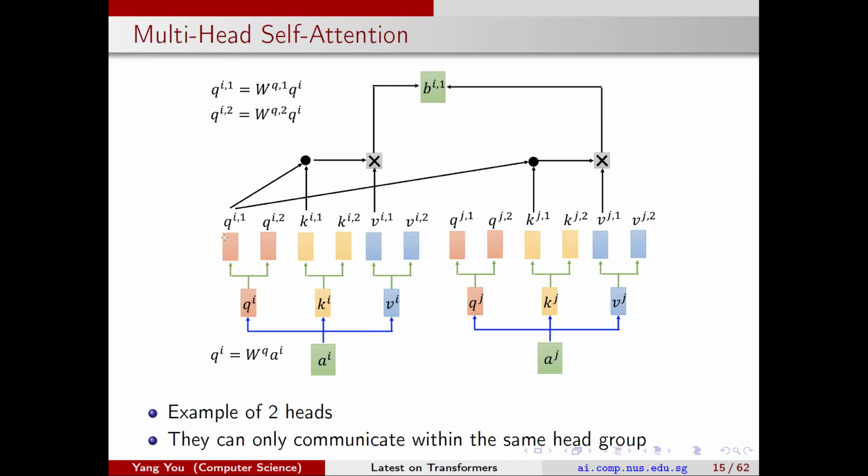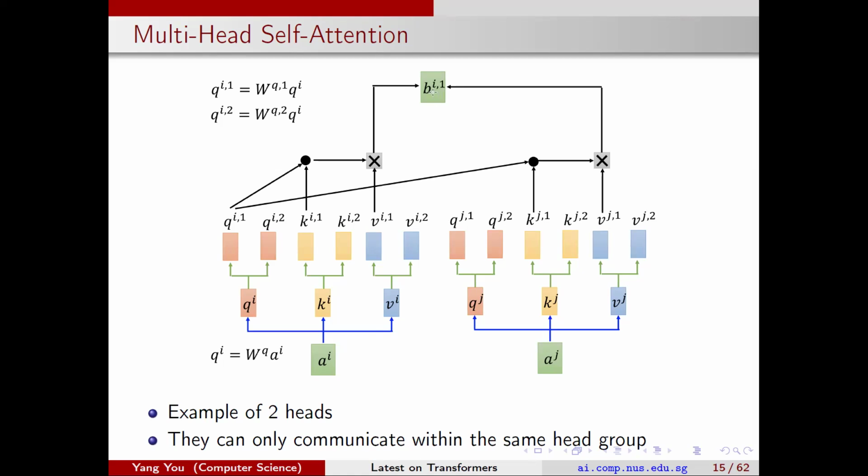So for 1 to 1, the query should be QI1, paired with KI1. And let's just follow the first half. Also 1 to 2: the query is still QI1, and the second one is AJ1.